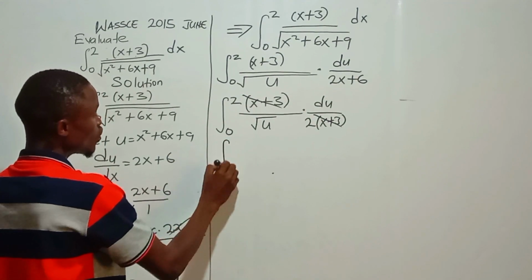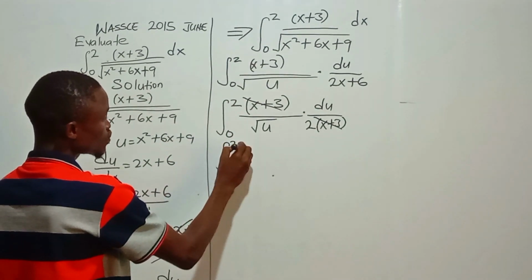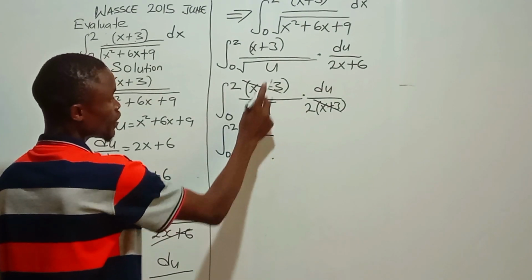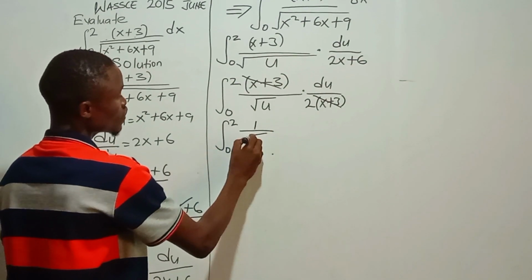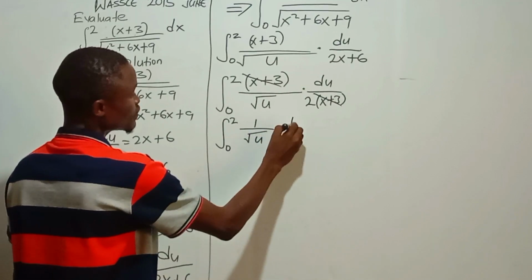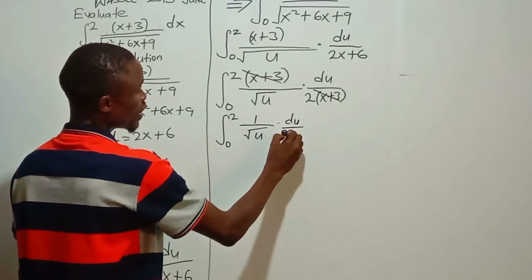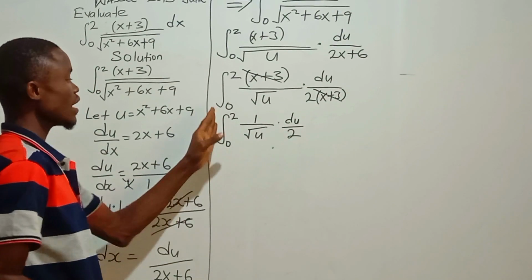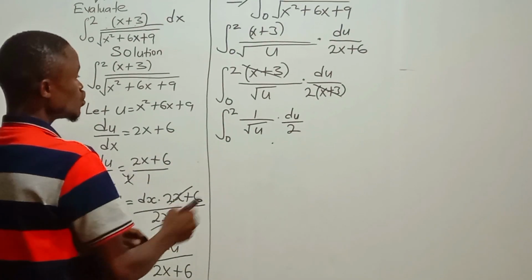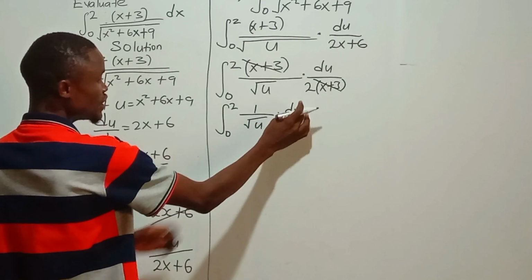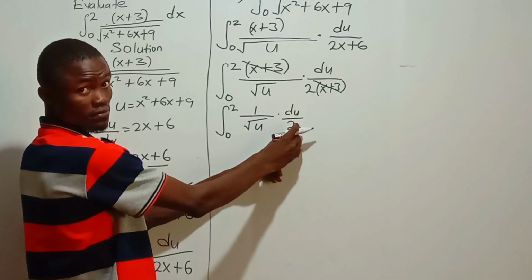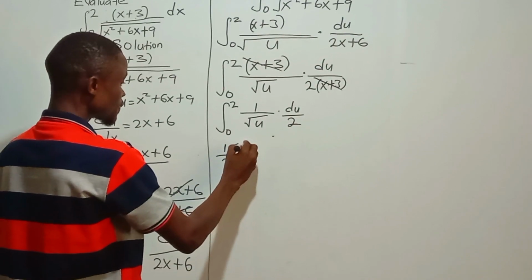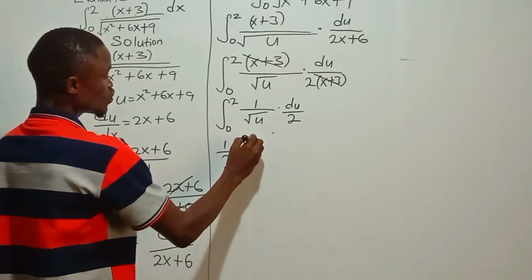So the integral, with 0 as the lower limit, remains 1 over the square root of u times du over 2. So you take this 2 outside. Mind you, this is 1 upon 2. So you say 1 upon 2 times the integral.